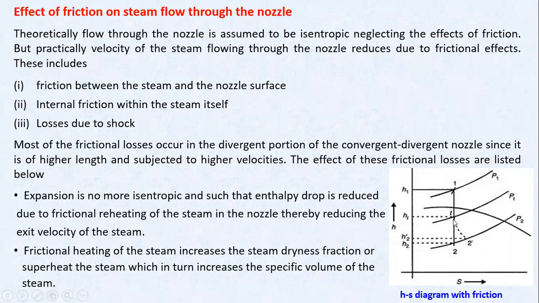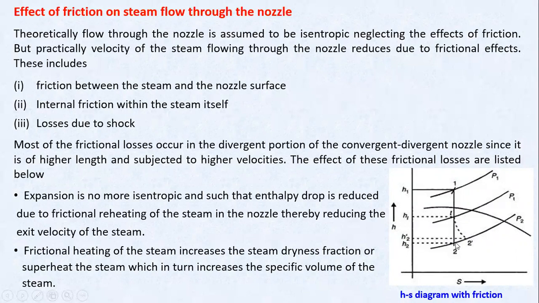From the throat to the nozzle exit in the divergent part, the expansion will not be isentropic in the practical case. That means the enthalpy of the steam coming out of the nozzle will be higher than the isentropic enthalpy, that is, the enthalpy when there is no friction.